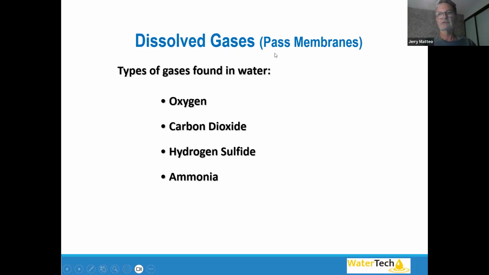Reverse osmosis membranes do not remove dissolved gases. RO systems were purchased in the Dominican Republic in particular by resorts and hotels and condos, thinking they could get rid of this smell in the water, and they were disappointed to see that they didn't. RO won't do that. You have to use other treatments to eliminate hydrogen sulfide gas from your water source.